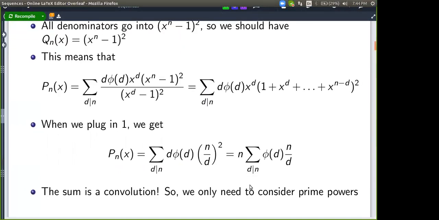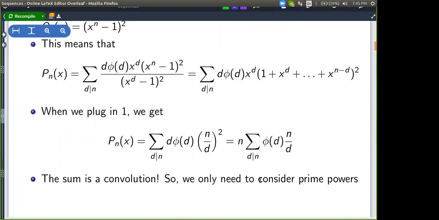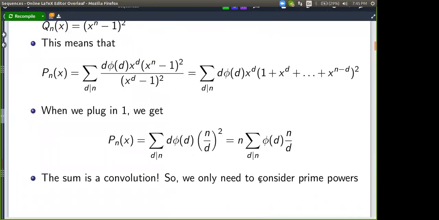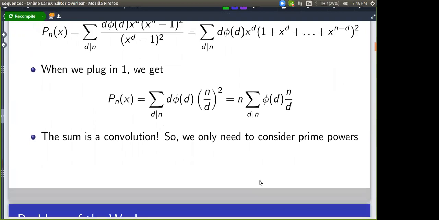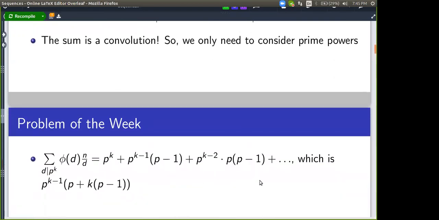So let's try plugging in p to the k into this expression. If we plug in p to the k, we're going to get something of this form, namely the sum of d divides p to the k of phi of d times n over d. When we plug in d equals 1, it's going to become p to the k.